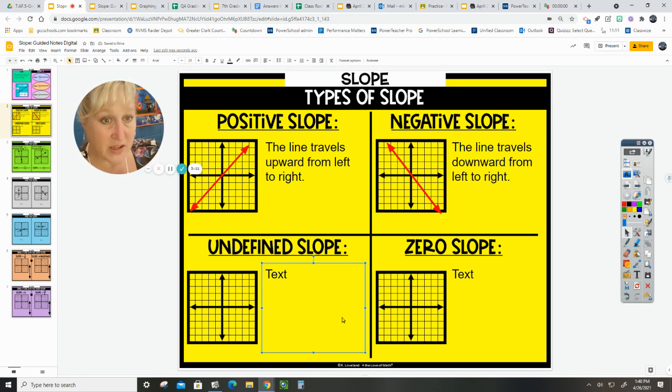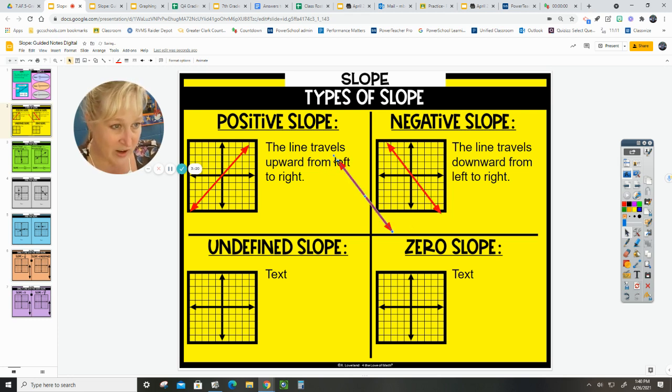An undefined slope. Now, I remember my crazy teacher, when I was in school, she would go "undefined" to make us remember that it was a cliff. What that means is that it goes straight up and down, which this line does not.